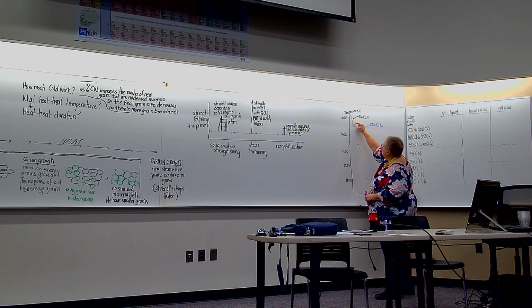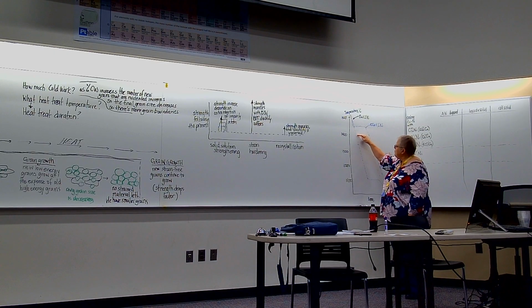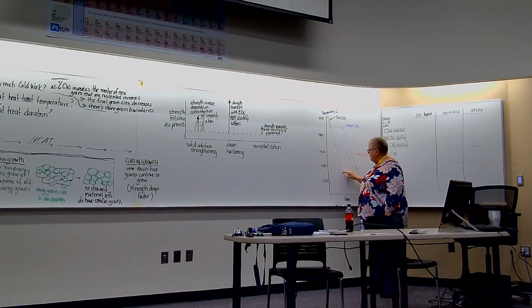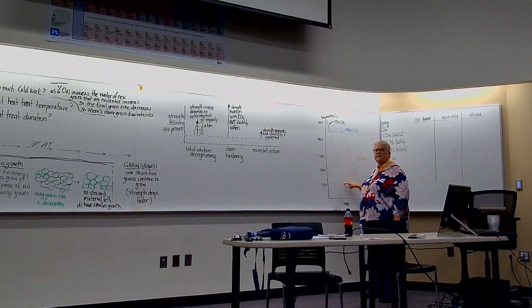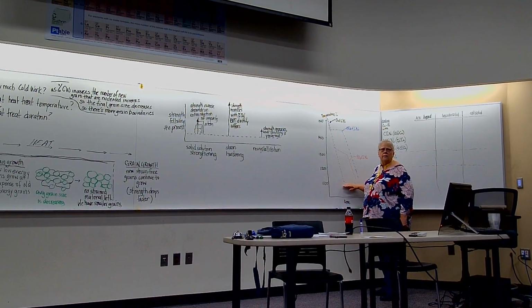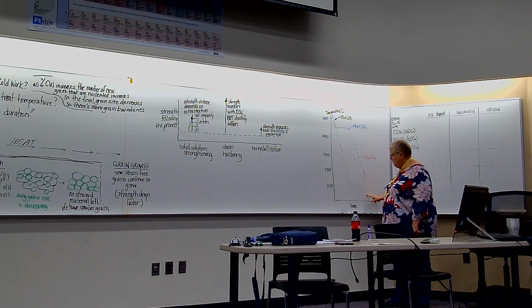Cool it down, and we've got a thermocouple that's keeping track of the temperature over time, right? So we're cooling it down, seems to be a constant rate, and we get to 1085 C, and it stays at constant temperature for a while. And then, after a while, it starts cooling again.